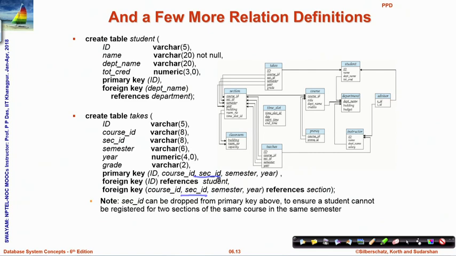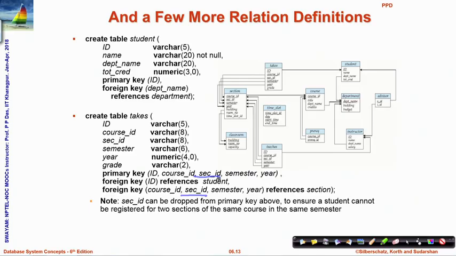So, it is possible that a student can take a course in the same semester, in the same year, with two different section IDs, because they are part of the primary key. So, they can be different. If we drop this from the primary key, then we will enforce the condition that no student will be able to take a course in two sections in the same semester and the same year. So, these are the different design choices that we have, and we will move on.